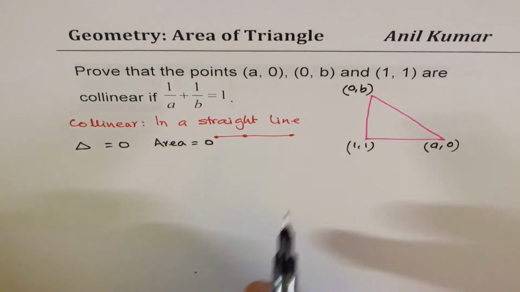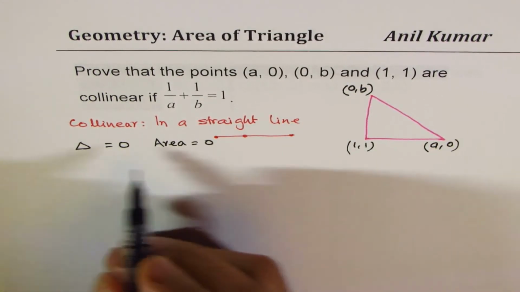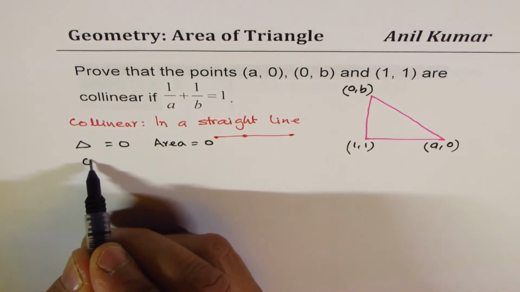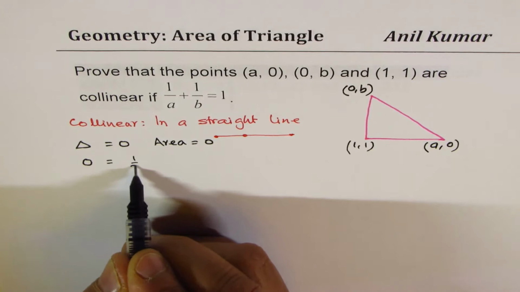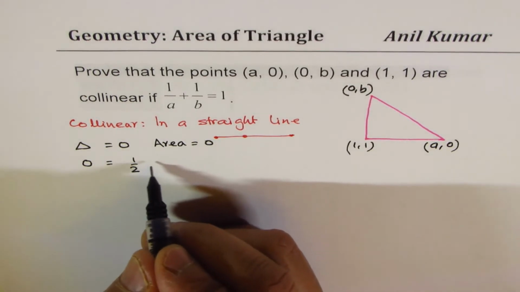Perfect. Now, if we are given 3 points, as we are given here, we can find the area of this triangle and equate that area to 0. So we say 0 equals half of, now the formula is, let me write down the formula first.